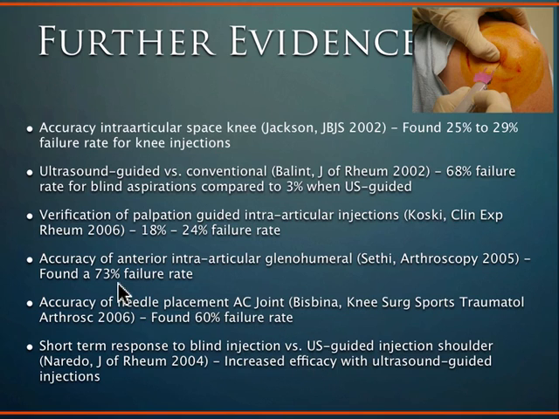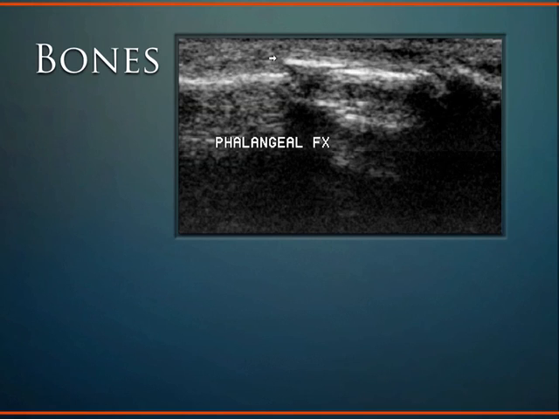Now these are maybe some outliers, but still alarming, how potentially inaccurate we can be with our blind injections, as opposed to when we compare them to ultrasound guidance, 68% versus just 3%. It's strikingly different. And so using ultrasound guidance is starting to become a standard of care for most joint and soft tissue injections as the modality grows and as more practitioners become comfortable with it.